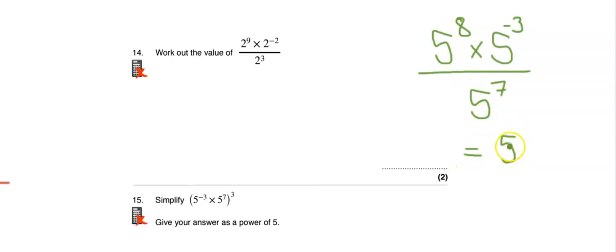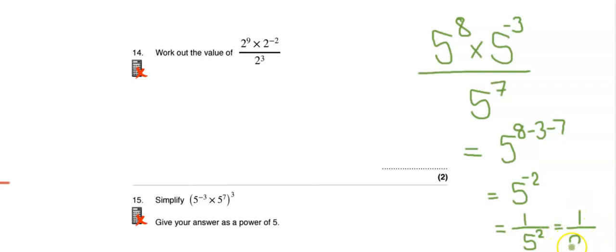You write down 5 to the power of 8 minus 3, because plus minus 3 is that one, copy the same, but whatever sign is there, change it, minus 7. So the answer is going to be 5 to the power minus 2, which is the same as 1 over 5 to the power 2, which is the same as 1 over 25.